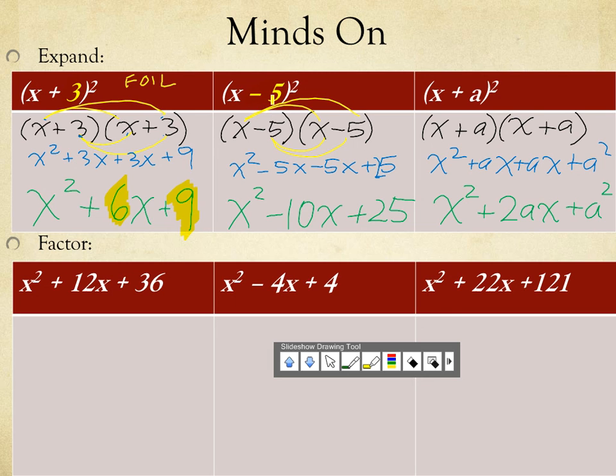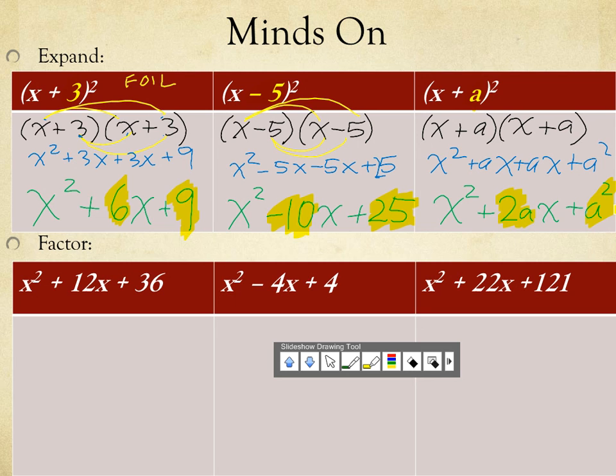And then when we FOILed it out, we got a negative 10 in the middle and then a 25 on the end. In the last example, we had an a to start with. In the middle, we have 2a, and on the end, we get a squared.